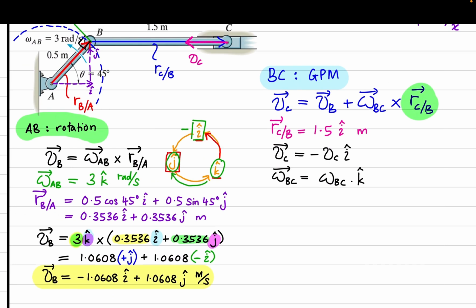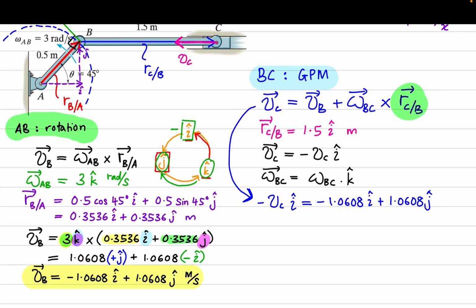So we can rewrite this equation again in unit vector form. VC becomes negative VC i, equal to VB, which is minus 1.0608 i plus 1.0608 j.